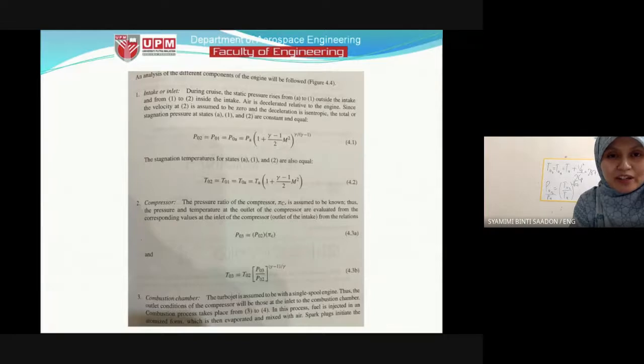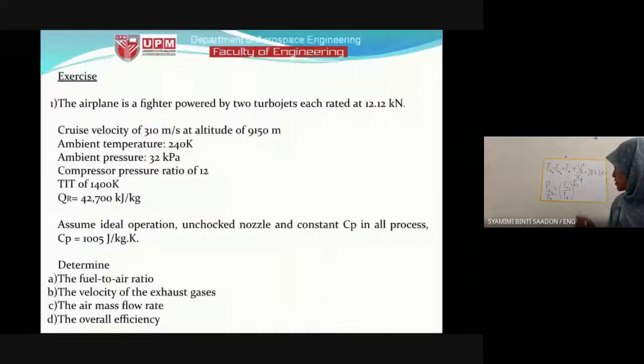We do this because we have T total 2 just now, 287, TA 240, and gamma we use 1.4. And then PA ambient is 32 kilopascal, so you can leave it in kilopascal. Then we get PO2.